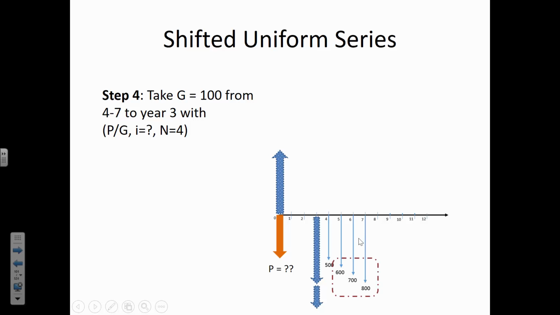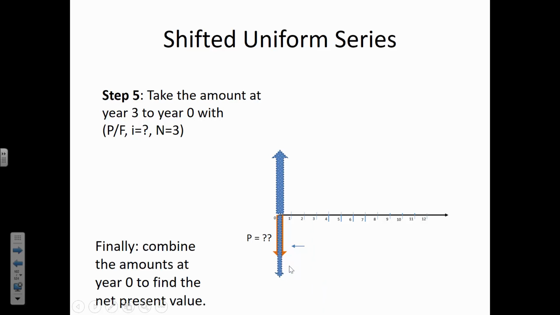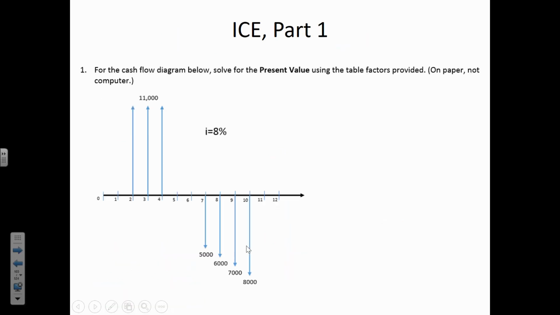So that was the gradient part, this little arrow. And then once it's a combined amount in year 3, we take it to year 0 by discounting, find P given F for 3 years. And then finally we'd combine all of the amounts that are in year 0 and find out are the inflows or the outflows greater. So it's this approach I'm going to ask you to follow in this in-class exercise.